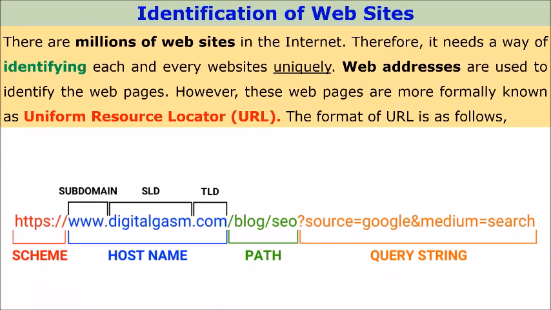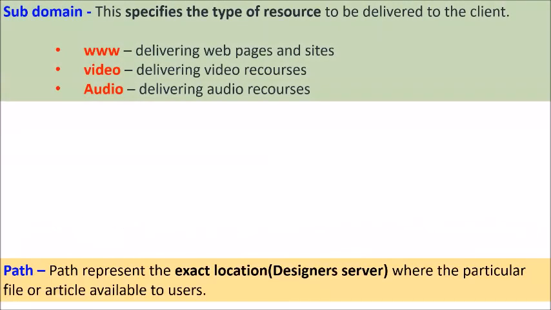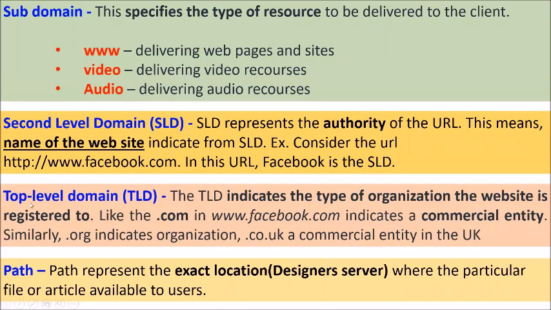In that way, there are many other top level domain extensions like .org, .mil for military purpose, .edu for education purpose. There are many types of top level domains available. Look at the note here: top level domain, in short TLD, indicates the type of organization the website is registered to.